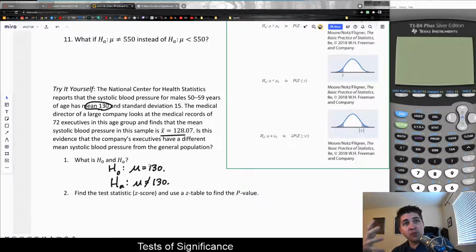In this case, there's a claim that we're putting to the test: the average is 130 for systolic blood pressure of men ages 50 through 59. Now we're trying to use our sample to see if the mean is different from that. That's always the alternative hypothesis, which is usually what we think is true about the population compared to what is claimed about it.